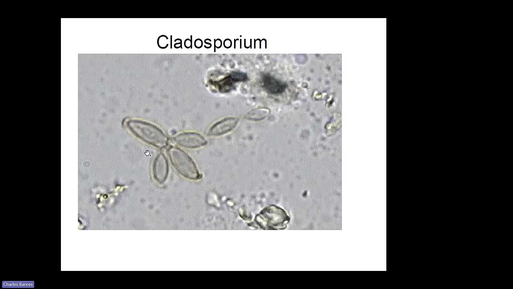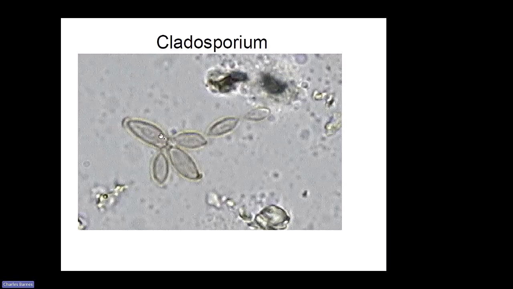Cladosporium actually can be classified under the ascospores, but this is the asexual form, so that reproduction always occurs in a uniform manner, and you get a recognizable offspring.